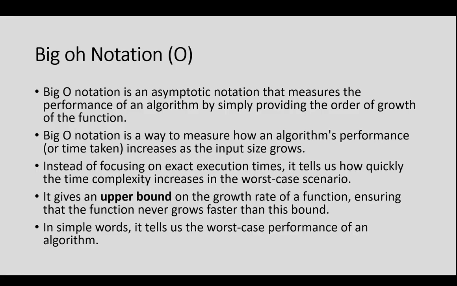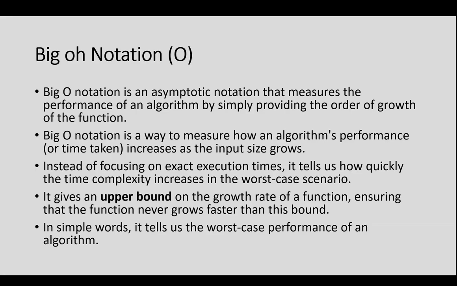What we are exactly doing is providing the order of growth of the function. Order of growth is nothing but how much time will be taken depending upon the input. It is directly proportional, though not always. Sometimes, for some cases, when I give less input it may take larger time. We have seen that example in the previous class.